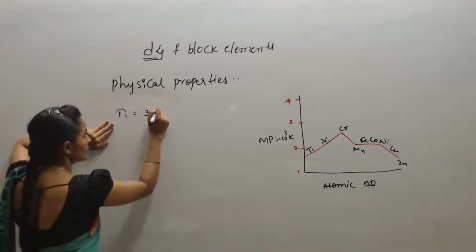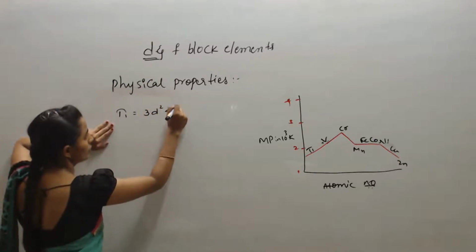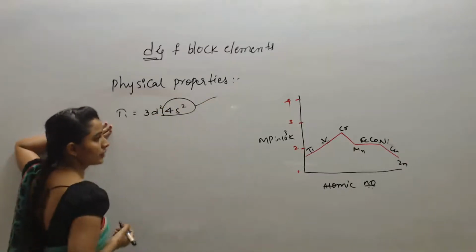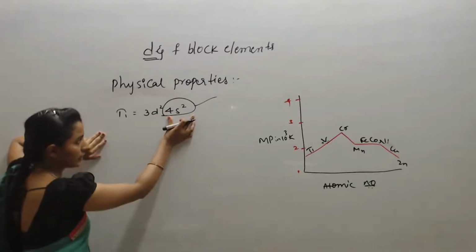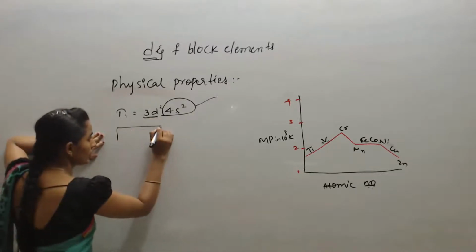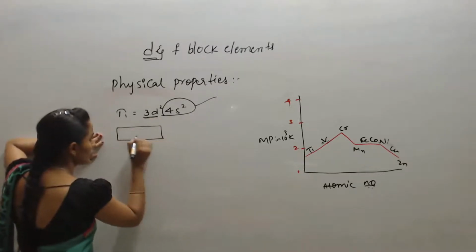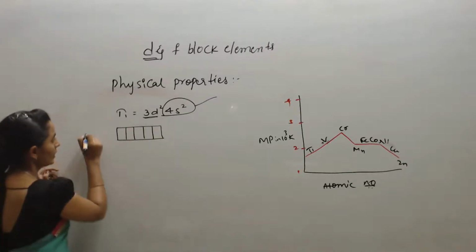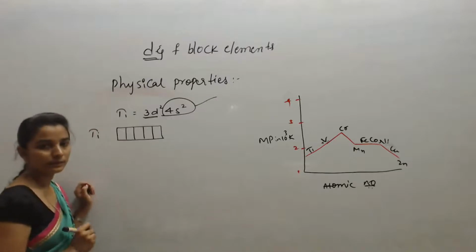It has the configuration 3d2 4s2. We consider the completely filled shell, meaning we won't consider the 4s2 shell, we consider only 3d. So listen, students, among the d block elements, titanium is there.